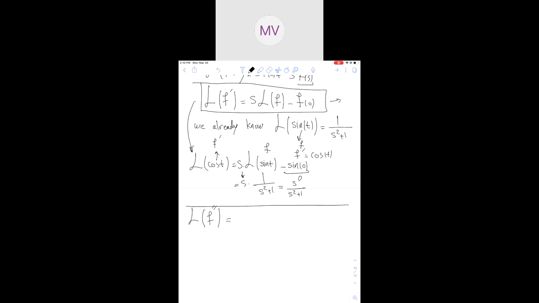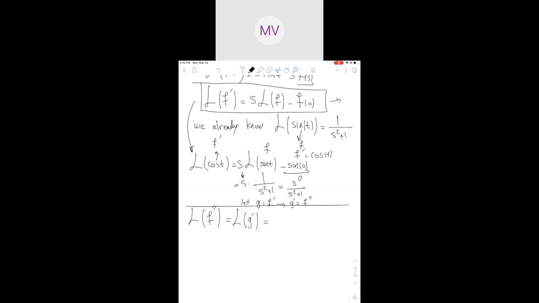So Laplace of f double prime. Well, this is what I'm going to do. Simply let g be f prime. If g is f prime, what is g prime? It's f double prime. So Laplace of f double prime, I'm going to replace with Laplace of g prime.